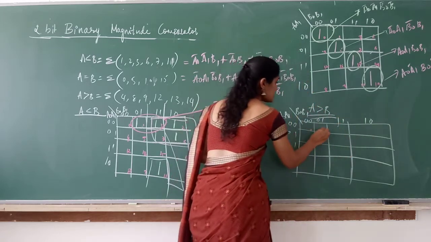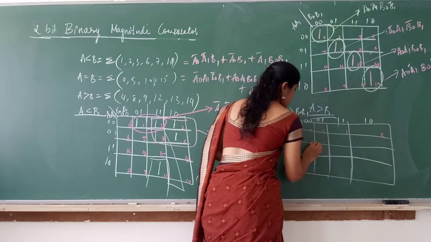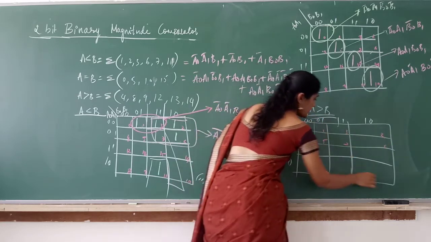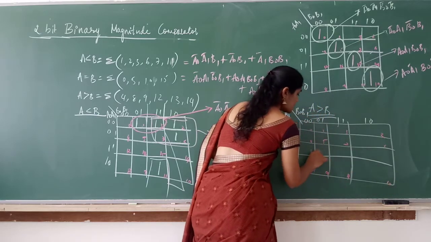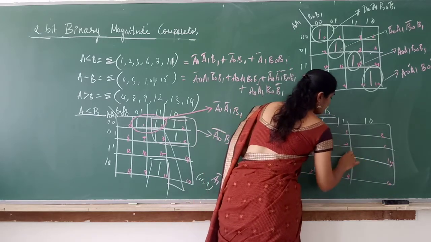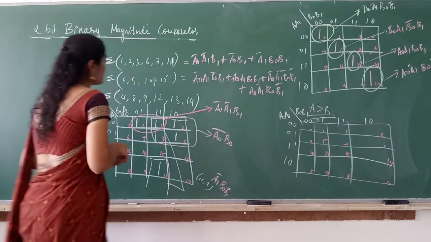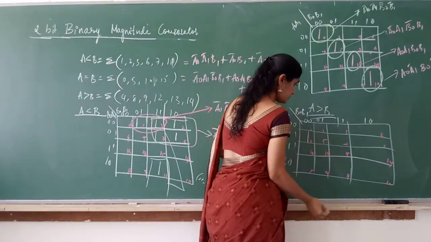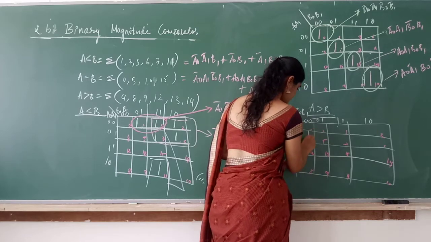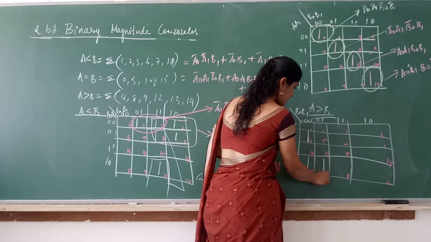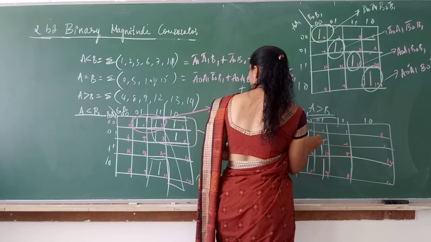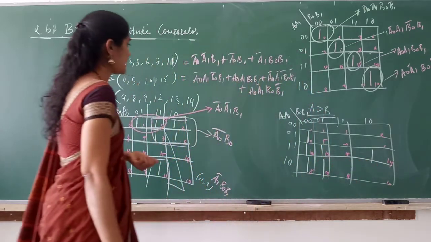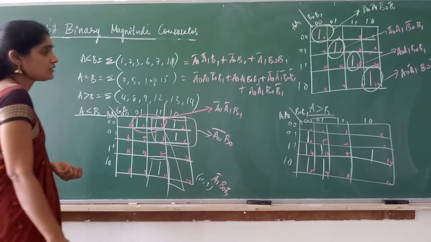Name the cells 0 to 15. So what are the minterms? 4, 8, 9, 12, 13, 14. Am I correct? 4, 8, 9, 12, 13, 14.